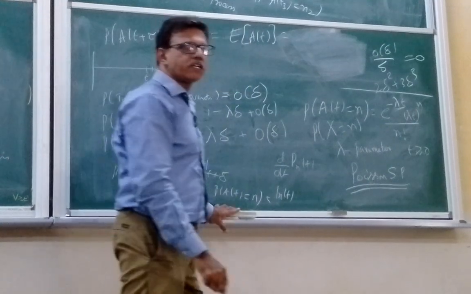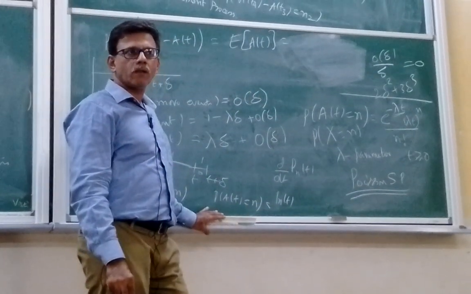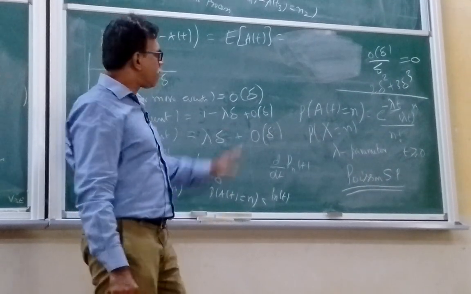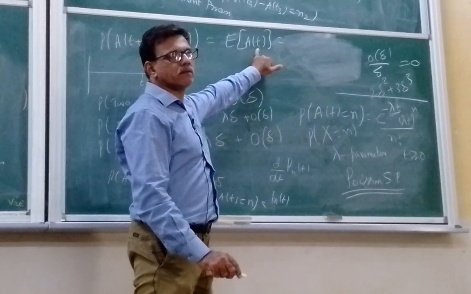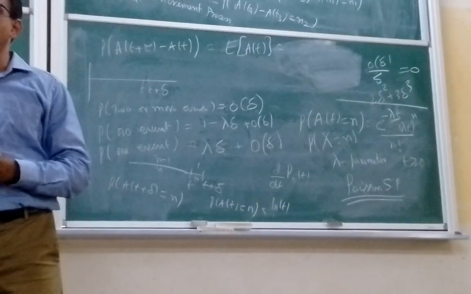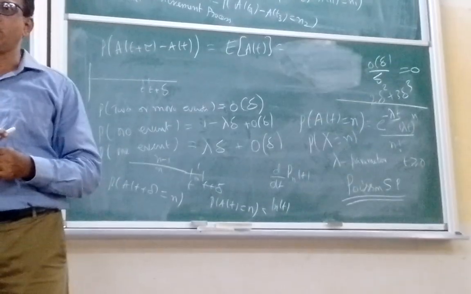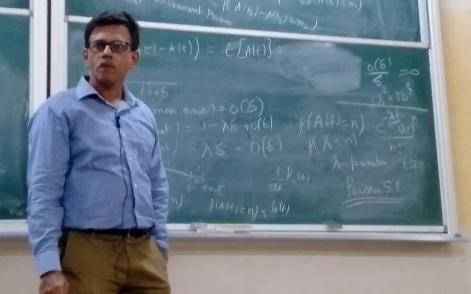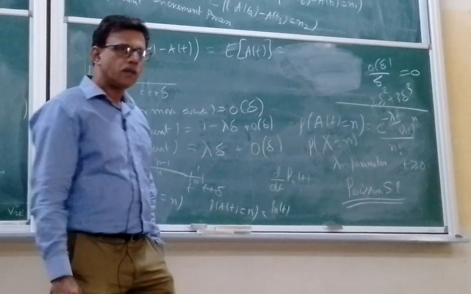What will be the expectation of A of t? Once you fix t, it's a Poisson random variable. What is the expectation of a Poisson random variable whose PMF I have given? Lambda t.